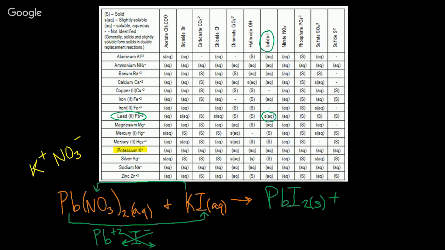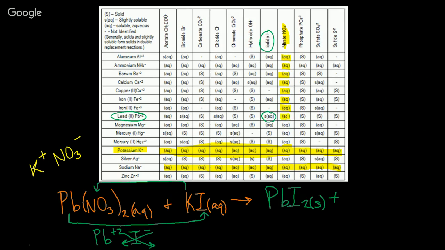So we have the potassium here, and the nitrate is here, and it is aqueous. In fact, if you notice, anything that's potassium or sodium for that matter, basically group 1 metals are all aqueous, and you'll notice that every nitrate is also aqueous.